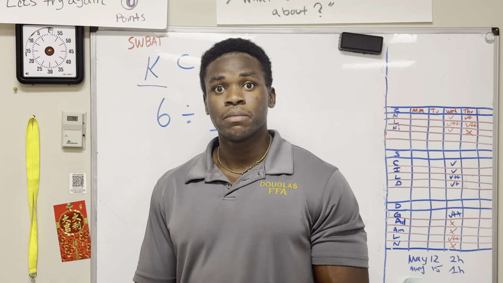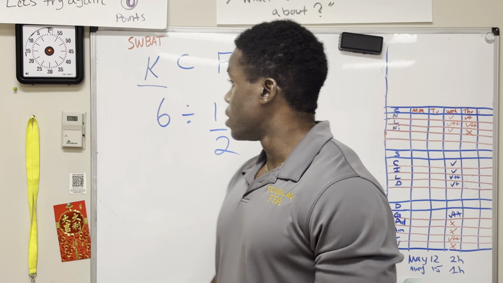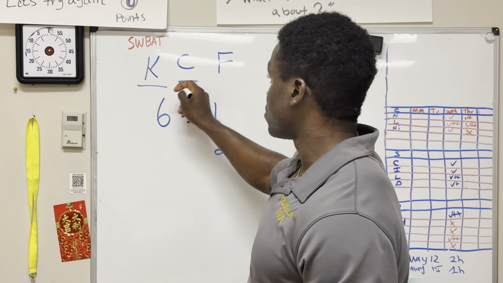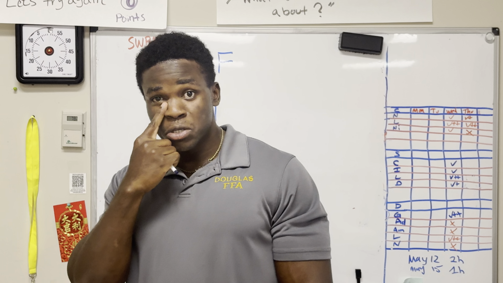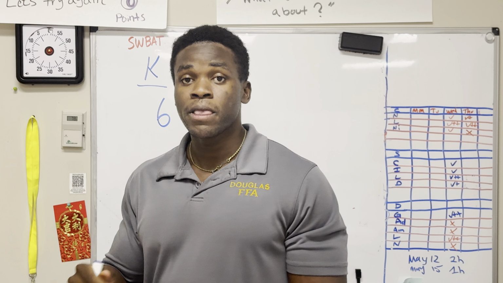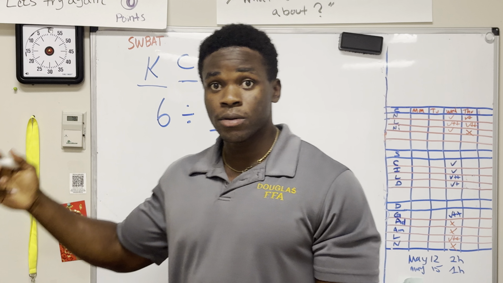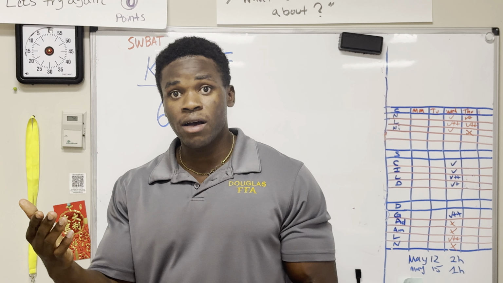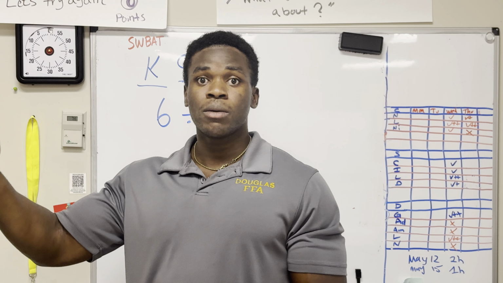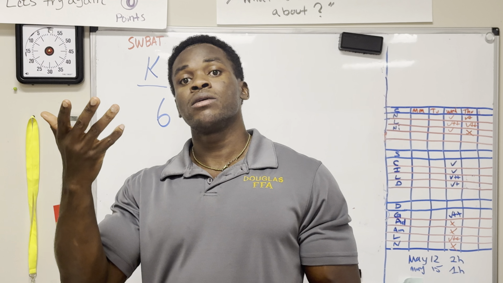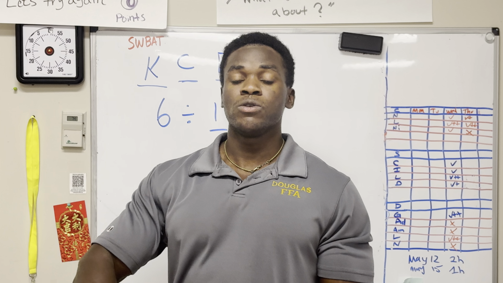Okay, it stays the same, doesn't change. Then we have change. To change something means to completely change it. And then F means to flip. Okay, so let's say we have 2 on top and 1 at the bottom. We're going to completely flip it, so it's going to say 1 over 2.